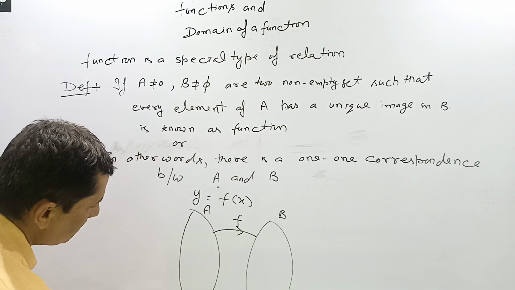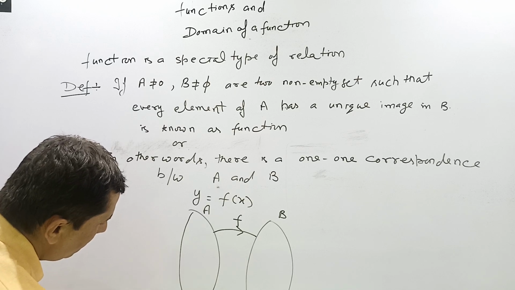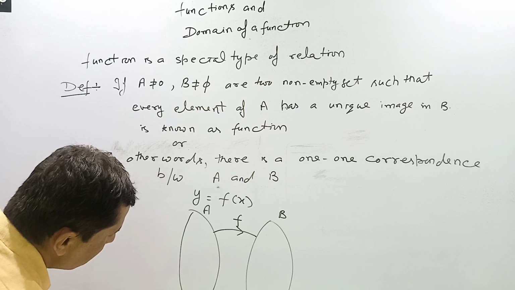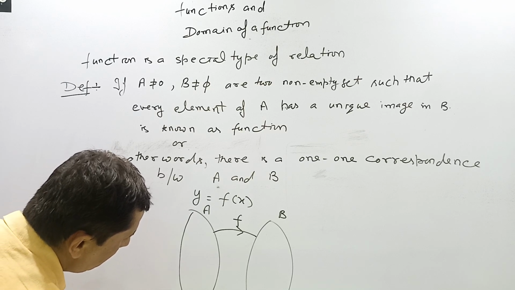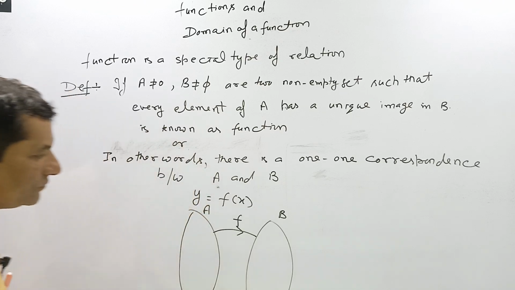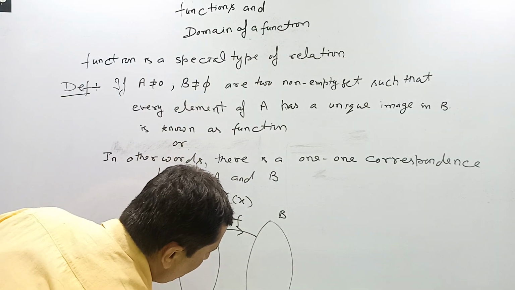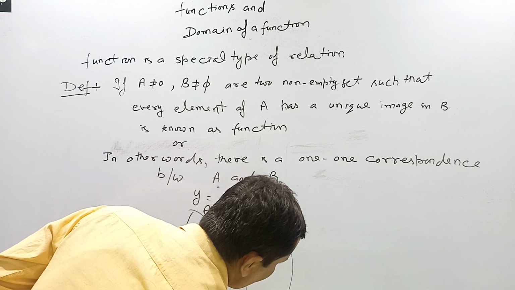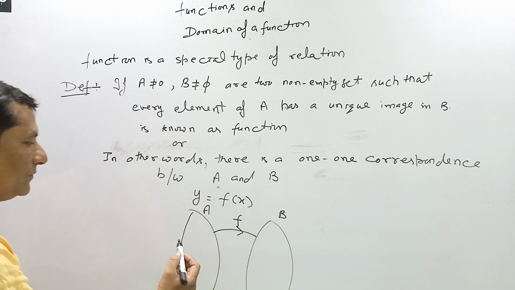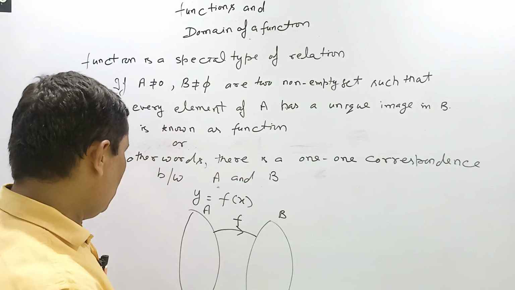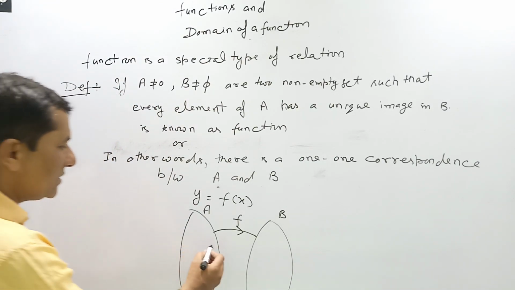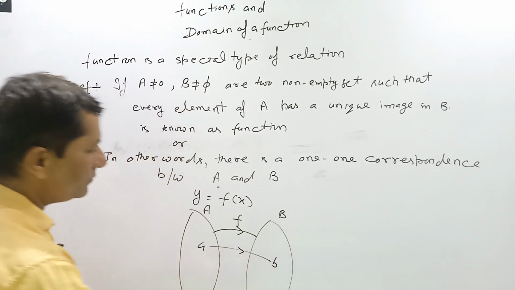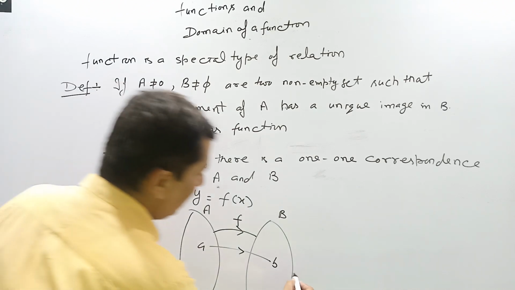A elements are your domain elements, B elements are codomain elements, and the domain elements, suppose A to B, are range elements.